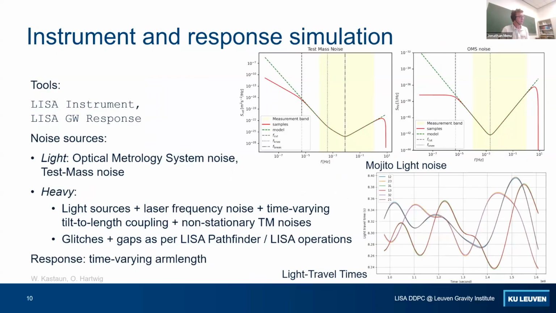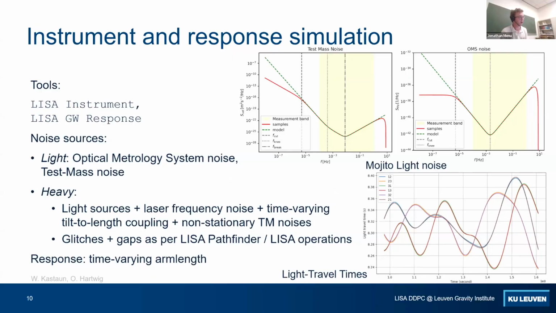Instrument and response simulation is something which we consider in two flavors, for Mojito Light and for Mojito Heavy. We use the standard LISA Instrument and LISA GW Response tools. For Light, we have included the main noise sources, being the optical metrology system noise on the higher frequency side, and then the test mass noise on the lower frequency side.